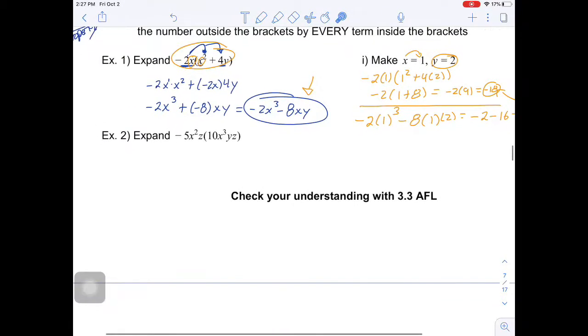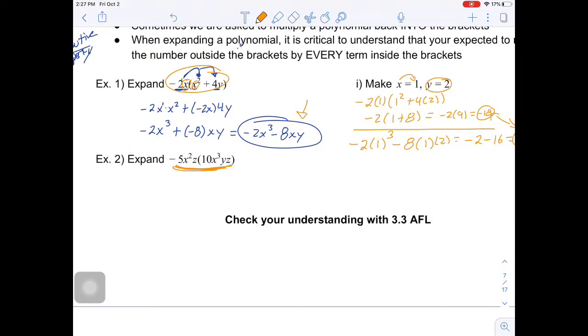Okay. Now here, let's focus on this guy. So remember, this actually isn't very hard to expand because we actually don't have anything to add. So here, we're not having to do the distributive property. This again is just multiplying all these numbers. So you can see that when you have brackets, you've got to bring it inside, and when you have brackets but you don't have addition, well, you only have one term to multiply the outside term by.